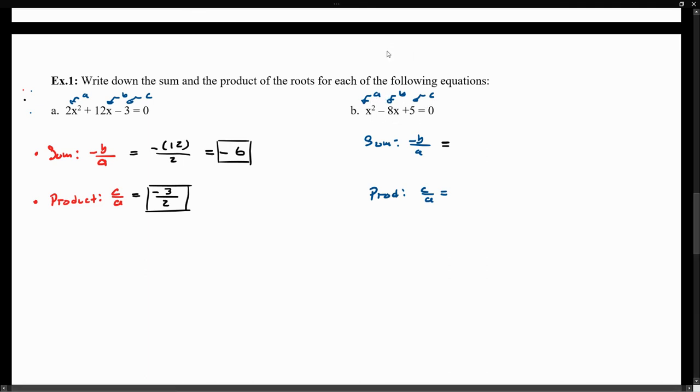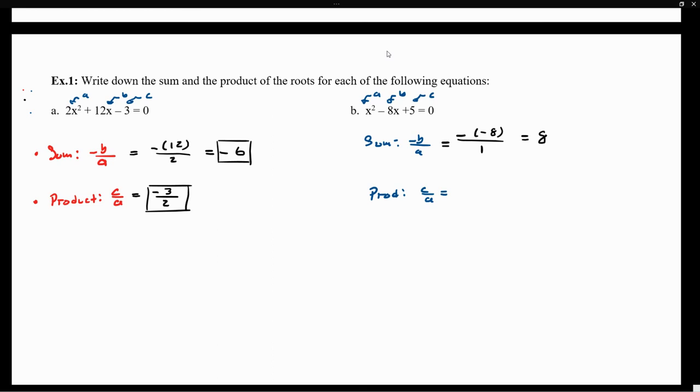Well, that would have been equivalent to negative b, which in this case is minus 8, all over a, where a is 1. So that will be equivalent to positive 8. And what would happen if I would multiply those solutions? Well, that would be c over a, where c is 5 and a is 1. So that's equivalent to just 5.